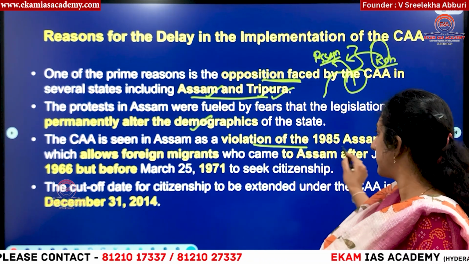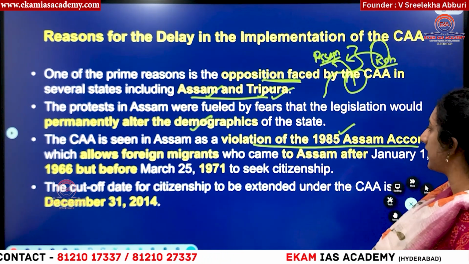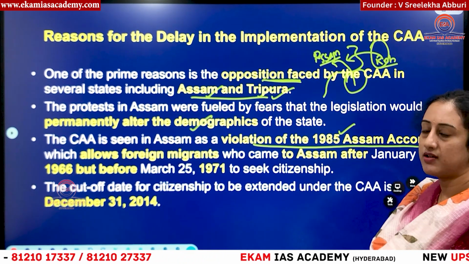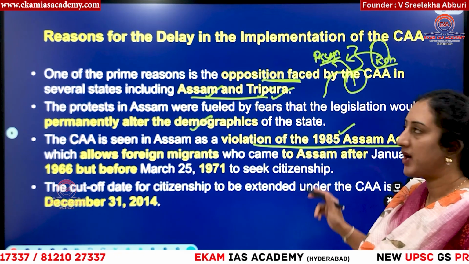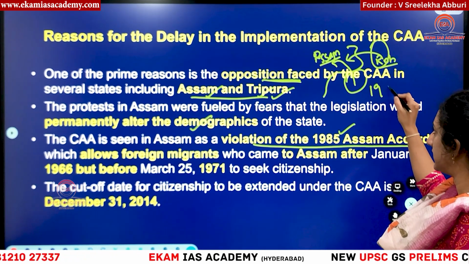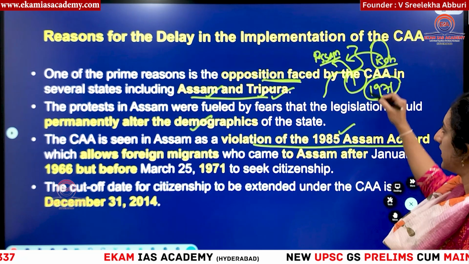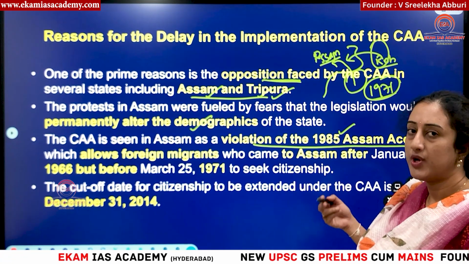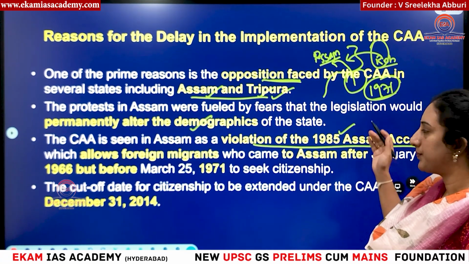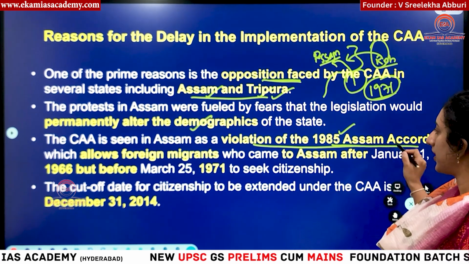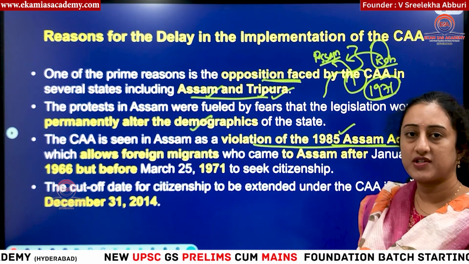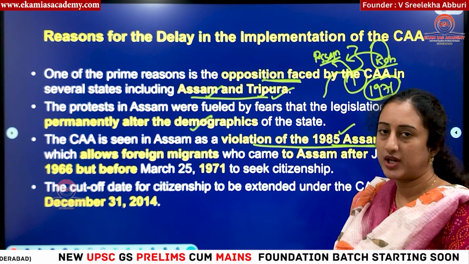And it is also said that this is a violation of the 1985 Assam Accord. What is this 1985 Assam Accord? When the Bangladesh Liberation War happened in 1971, there was a large scale influx of Bengali migrants into Assam. Because of this, the people of Assam did not want such large scale migration into their state.